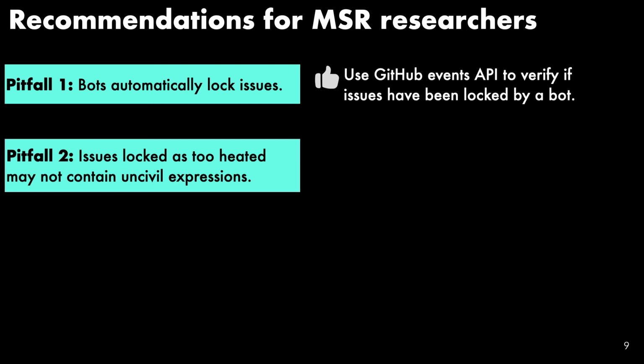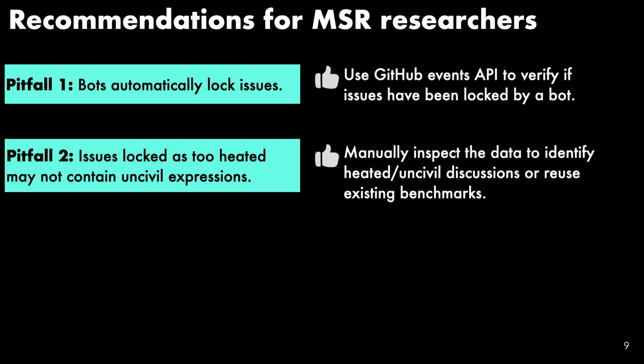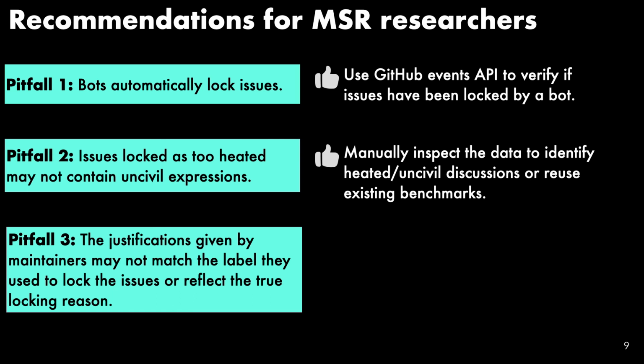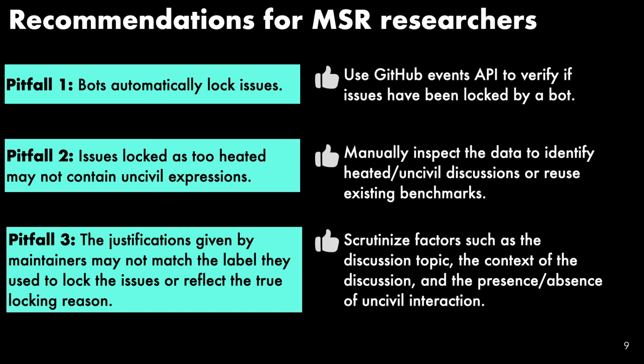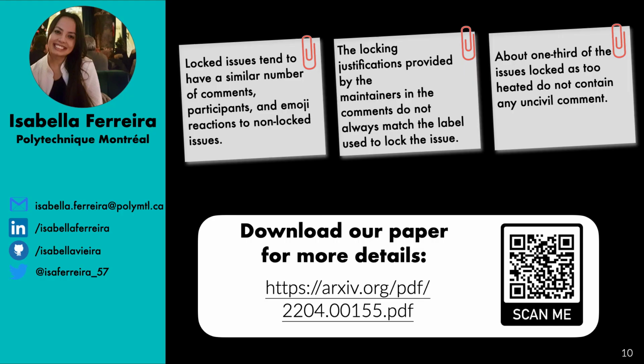To mitigate this problem, MSR researchers should manually inspect the data to identify heated or uncivil discussions or reuse existing benchmarks. Finally, we found that justifications given by maintainers do not always match the label they use. To mitigate this problem, researchers should scrutinize different factors when using this dataset, such as the discussion topic, the context of the discussion, and the presence or absence of uncivil interaction.